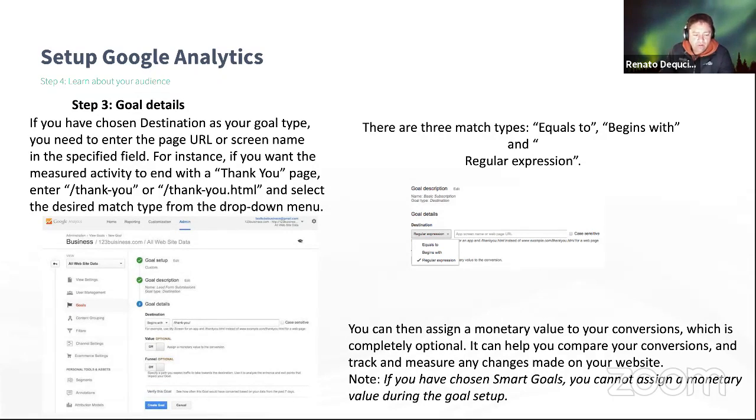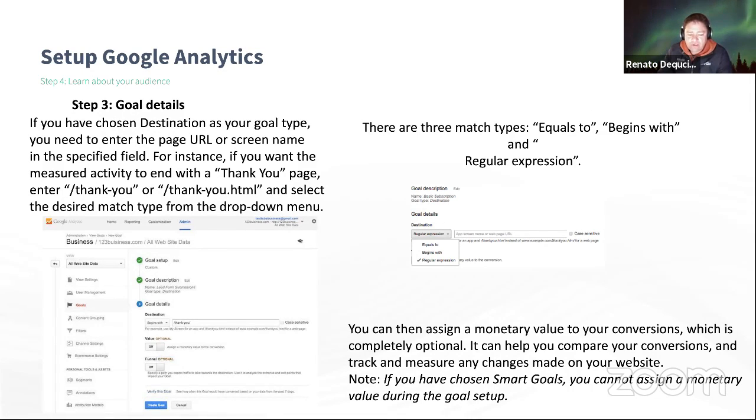Then we get into the goal details. So we've chosen destination in this option, and we're still talking about filling in a subscription form of some sort, and you want them to get to the thank you page, which presents itself after they've clicked subscribe or send or whatever you've set up your button to be.